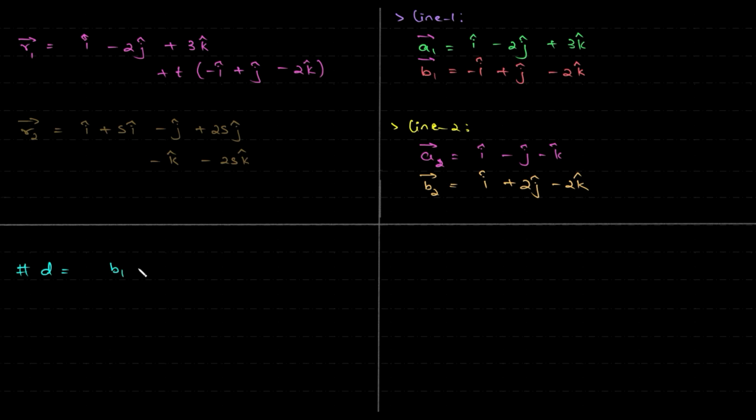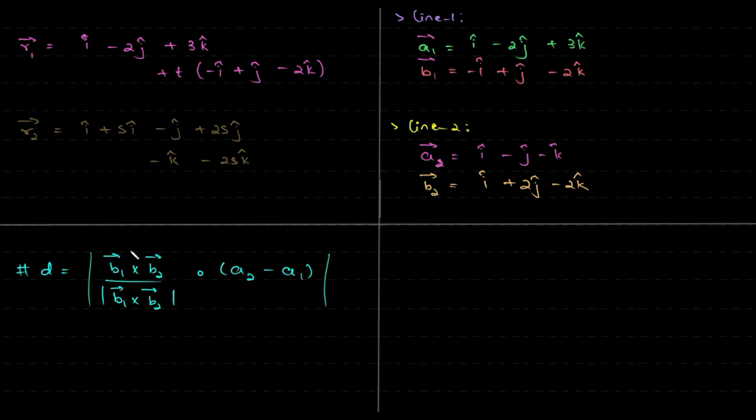So we have the formula. We'll write down the formula first. This will give us the direction of D basically. And the magnitude, we can obtain by taking a dot between this particular result and A2 minus A1. This will give us the length.